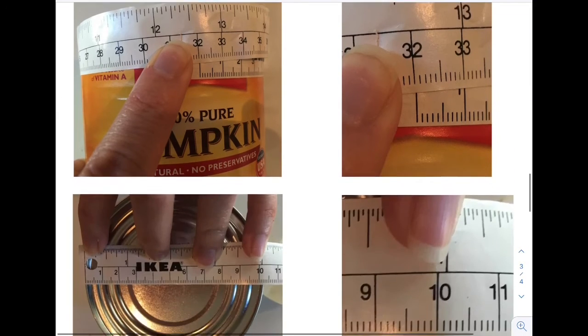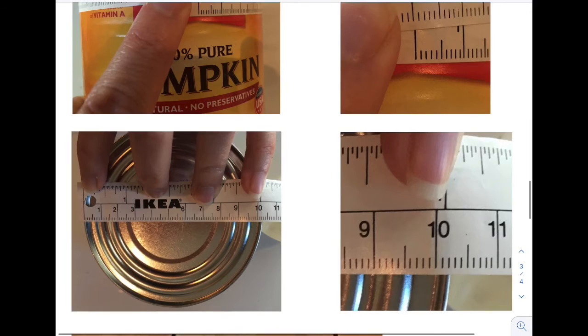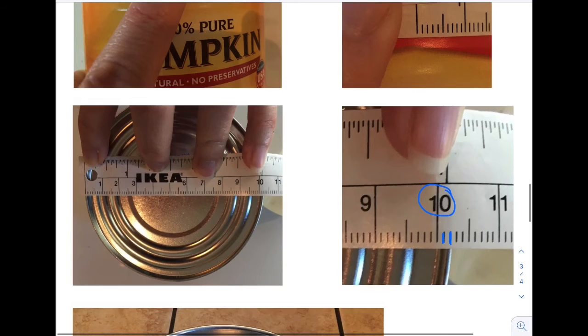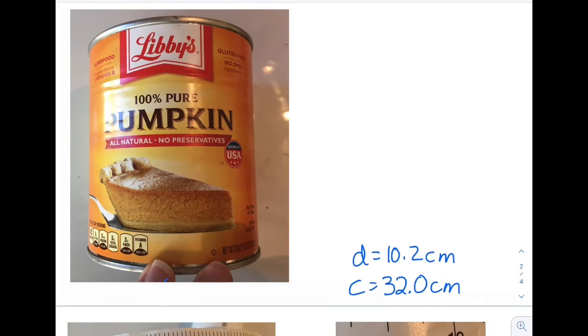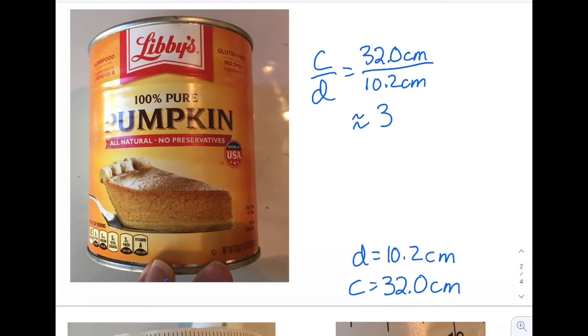The diameter, again, trying to go through the center here, looks like about 10 centimeters, 0.1, 0.2, we'll call it 10.2 centimeters for the diameter. I'll take the circumference divided by the diameter, and I get about 3.137. Let's do one more.